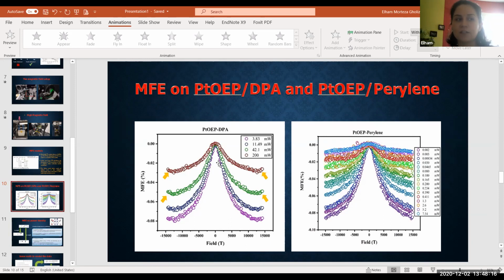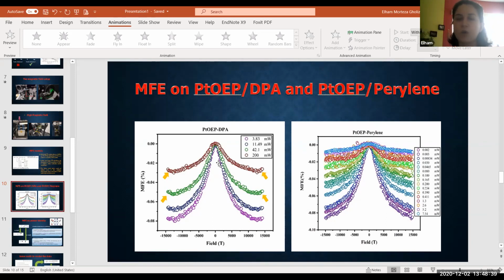I should say that triplets are magnetic field dependent, but singlets are not. So when we put a magnetic field on our TTA samples, they cannot collide or transfer energy to each other.